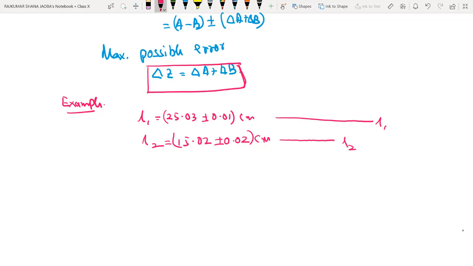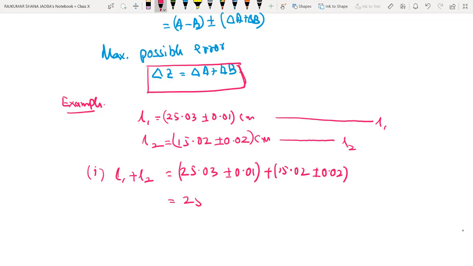Now number one, L1 plus L2 is 25.03 plus minus 0.01 plus 15.02 plus minus 0.02.